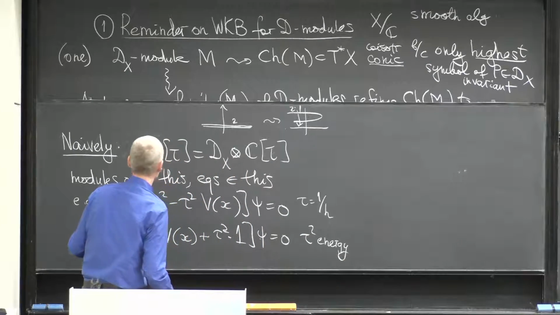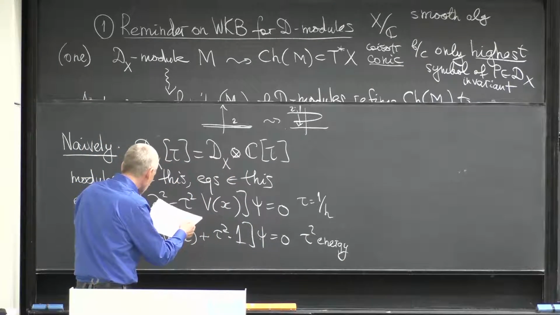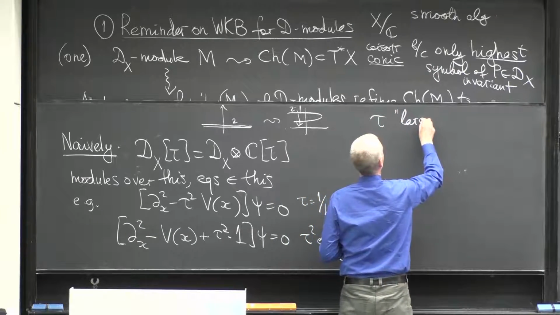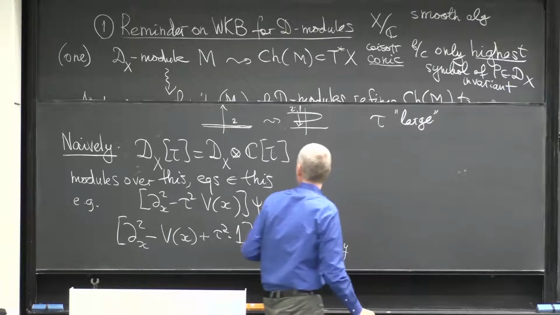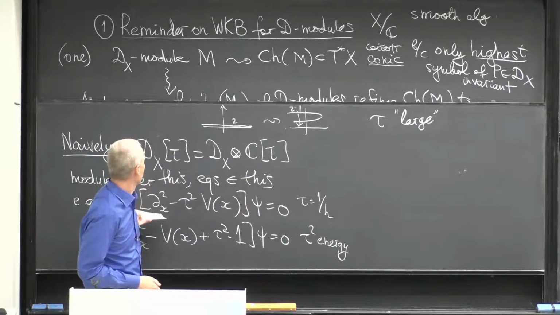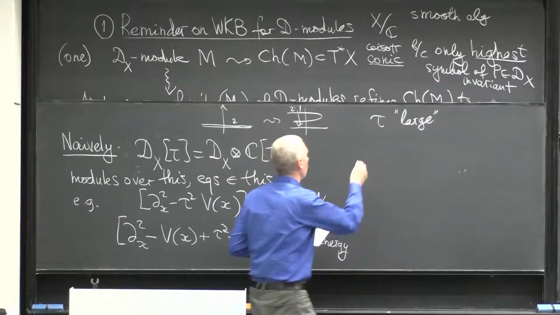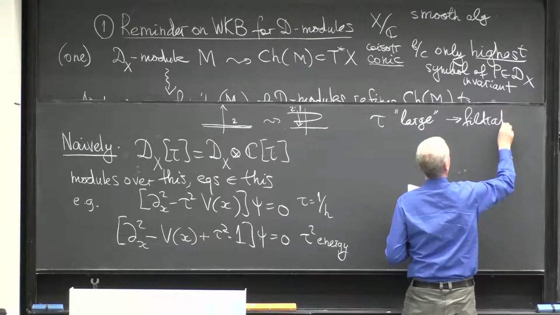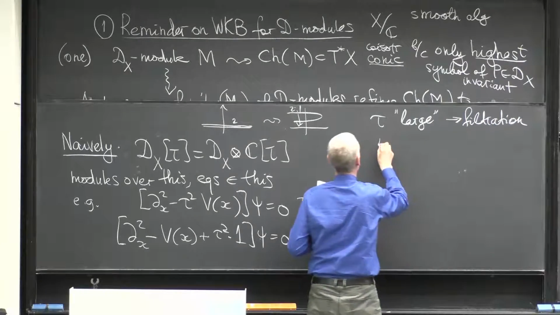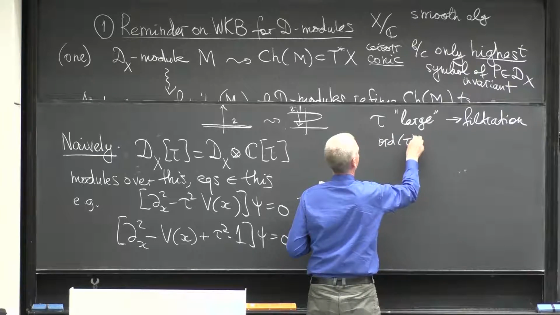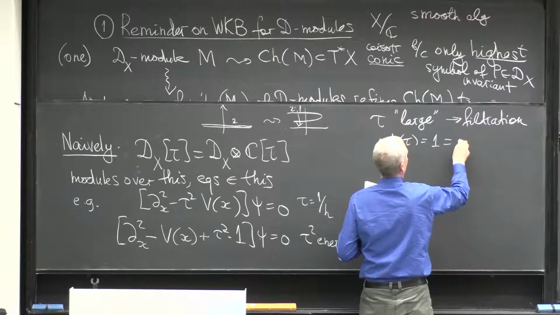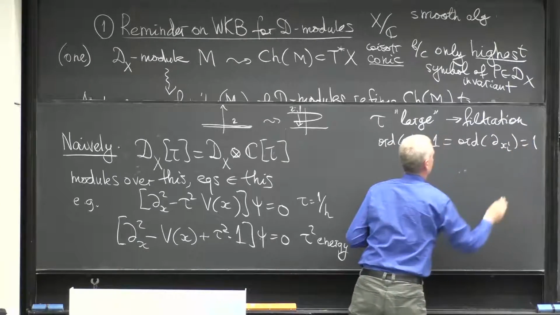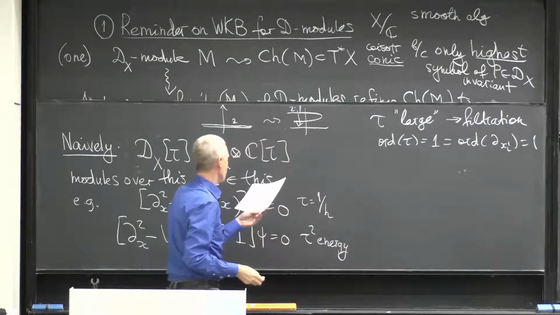But we think of tau as being large. It simply means that we introduce a filtration in which tau has order 1, and also the order of derivatives is 1, and the order of coordinates is 0.